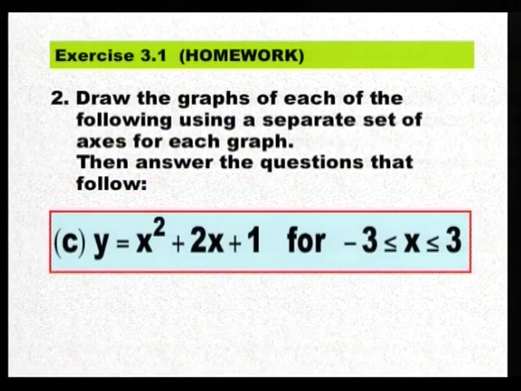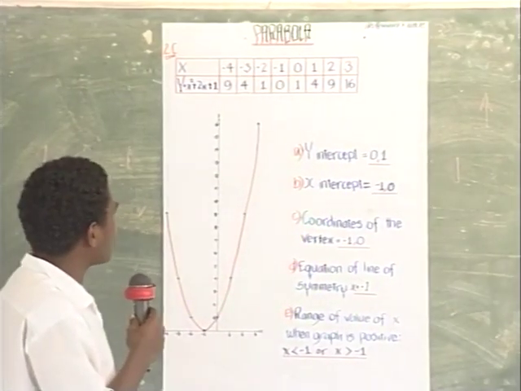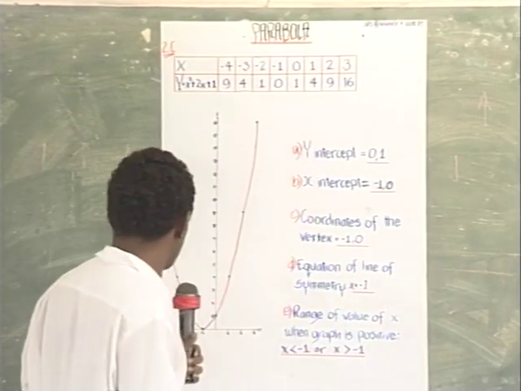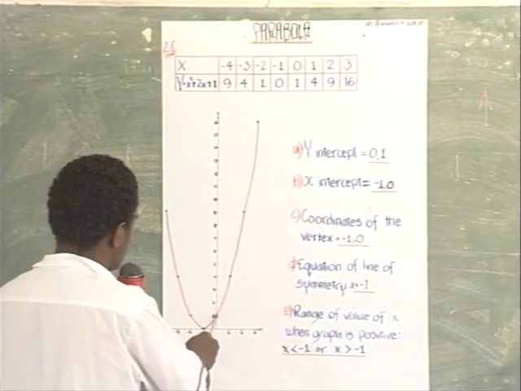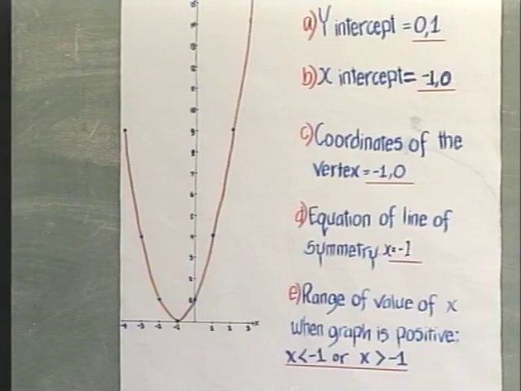We drew the parabola on the graph, and the y-intercept is (0, 1). The x-intercept is (-1, 0), and the coordinates of the vertex, which is the turning point, is (-1, 0).